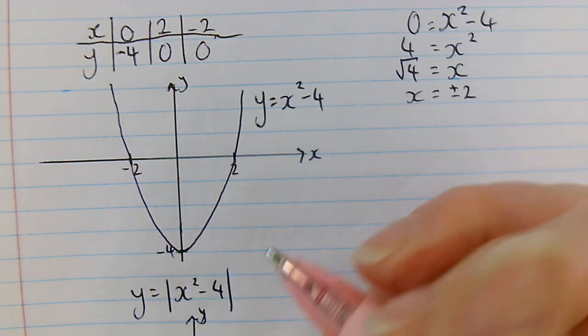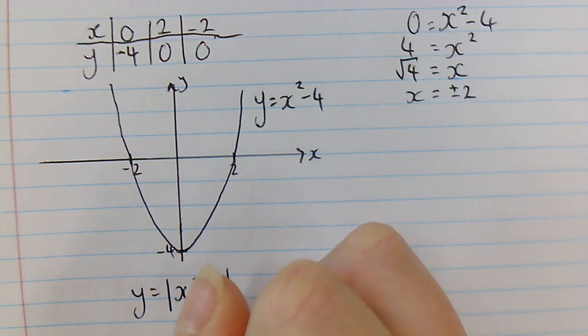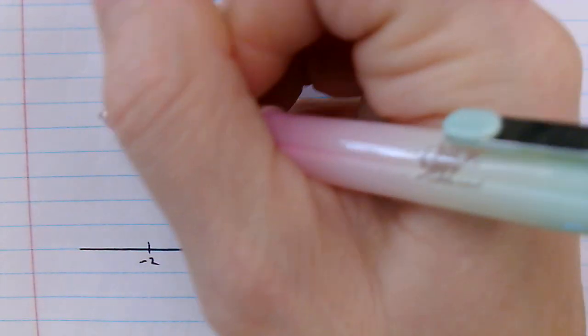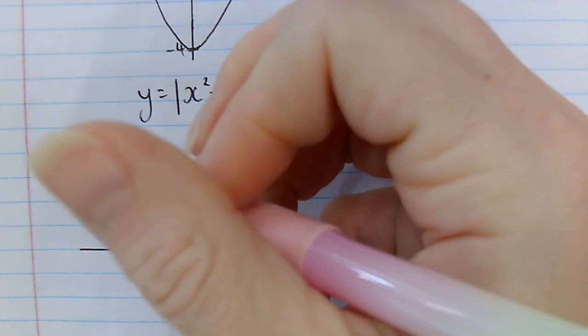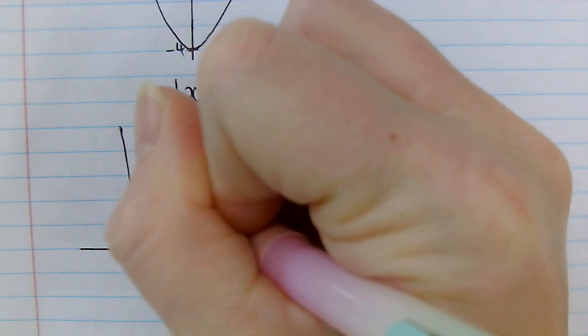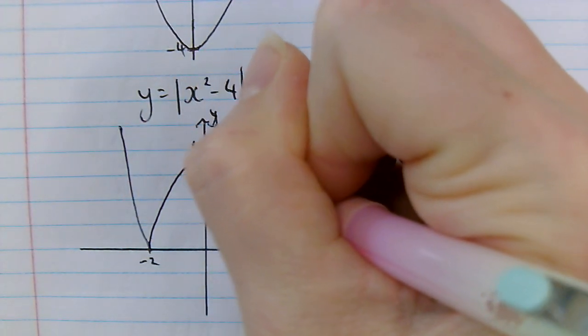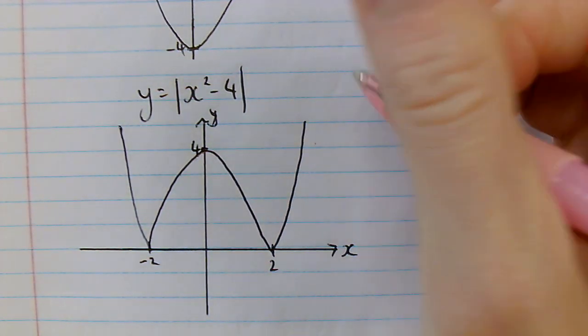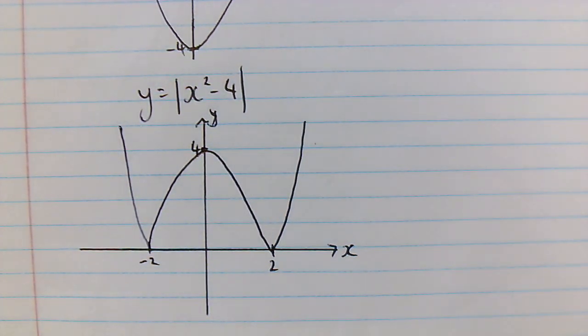So instead of crossing through minus 4, it's now going to cross through 4. The curved part comes down here, then reflects up and over, down to the 2, and then it would come back up. Okay, and that would be the graph of y equals the modulus of x squared minus 4.